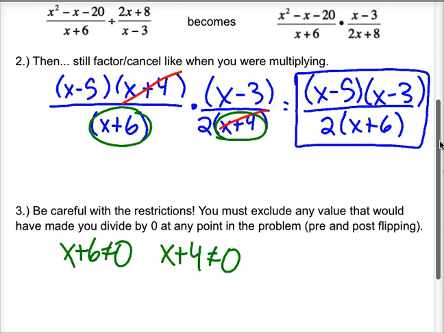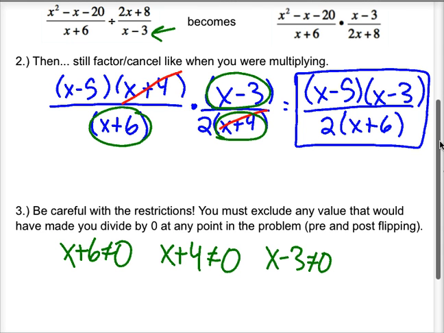Now, what I want you to realize, that second fraction has been flipped, right? So because it was originally a division problem, that second fraction actually got flipped in order to turn it into a multiplication problem. So when the problem started, that x minus 3 was in the denominator. Look right there.